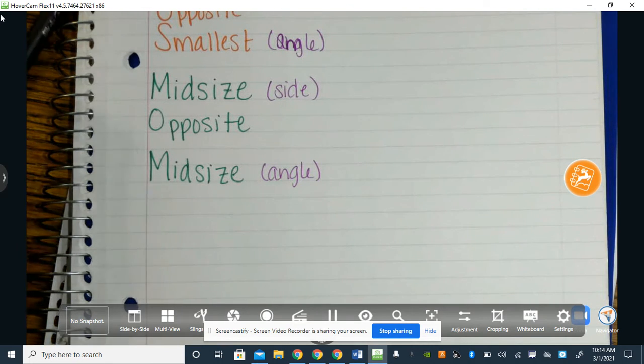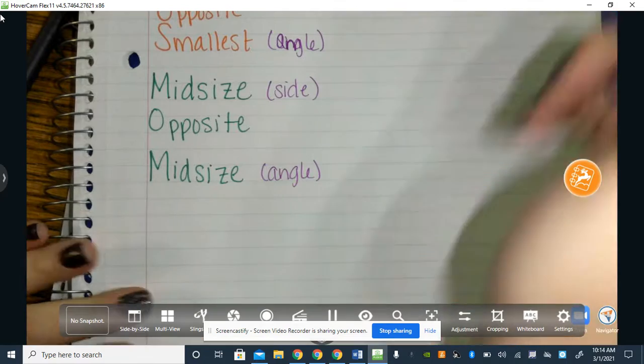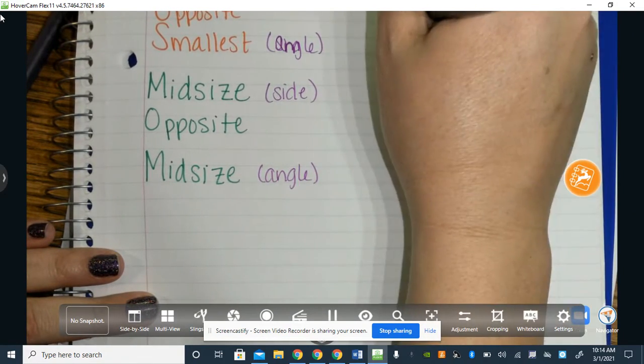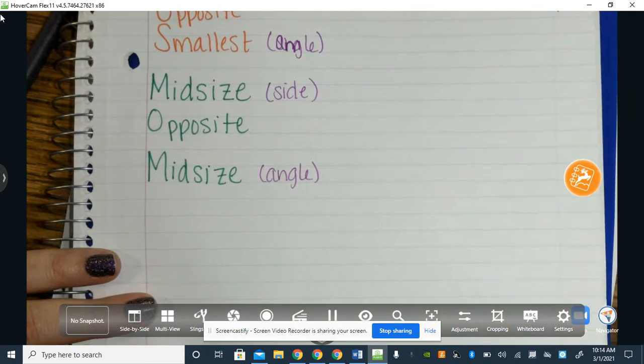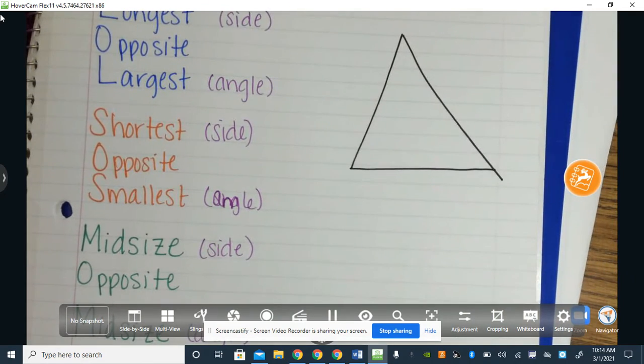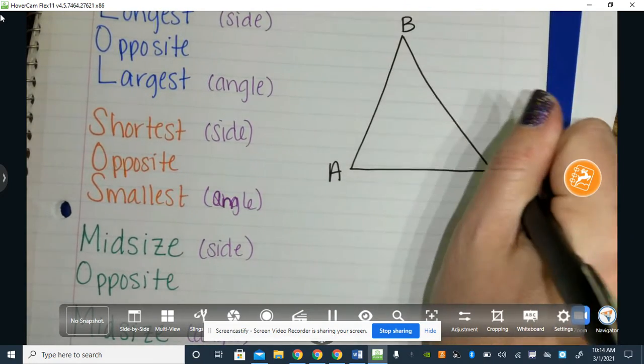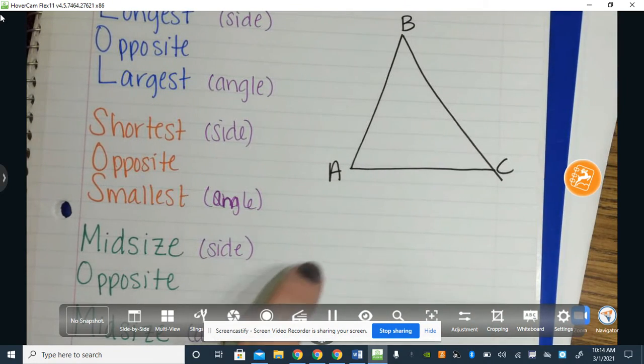Okay. So what this means, I'm going to draw a triangle over here to the side. Okay. Here's my bad triangle. I'm going to label my triangle A, B, C. All right.